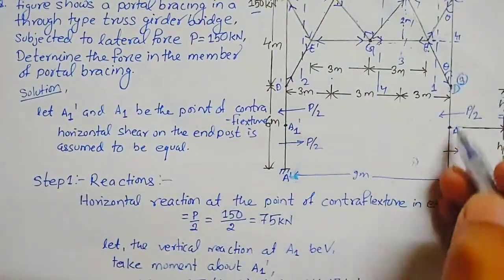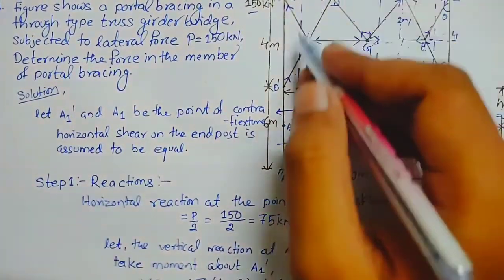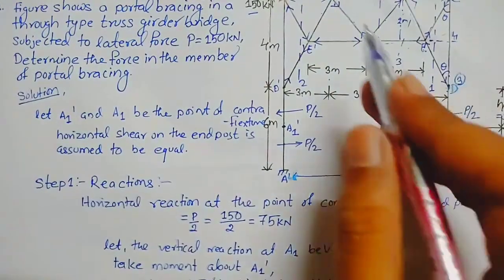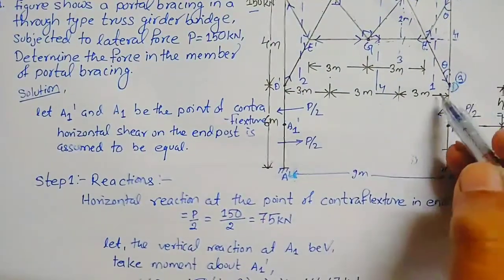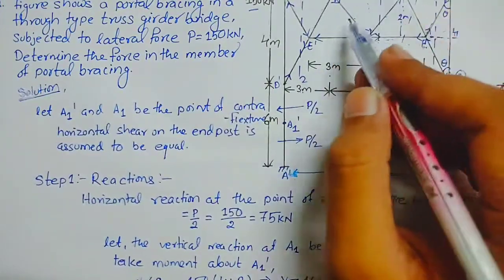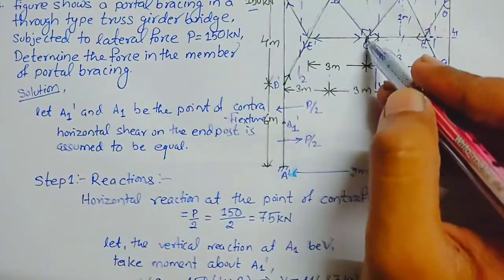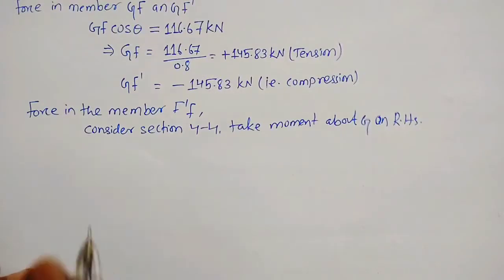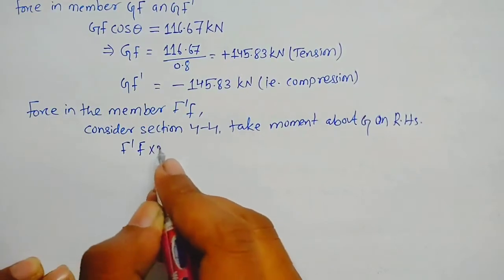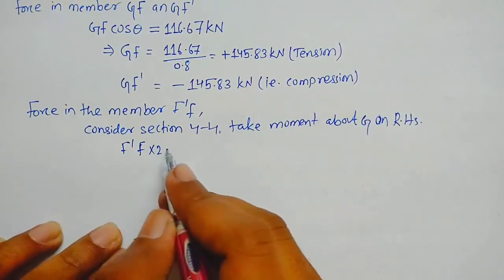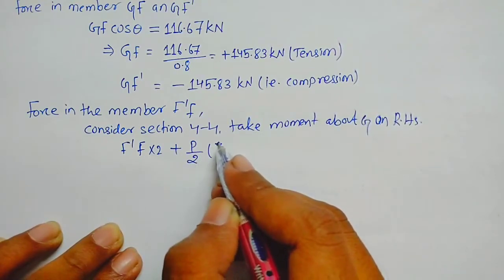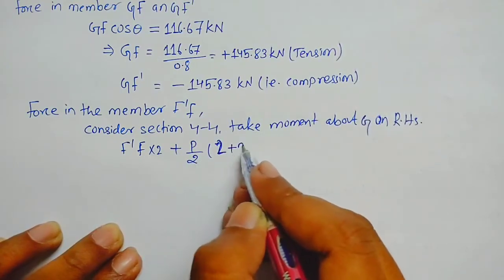This vertical reaction is taking anti-clockwise direction, so this will be negative, and force in F dash F will be positive, and this P by 2 will be positive, and the span of F dash F will be half of 4 meter, meaning 2 meter from point G. So taking moment about G, we will have F dash F times 2 plus P by 2 times 2 plus 3 meter.